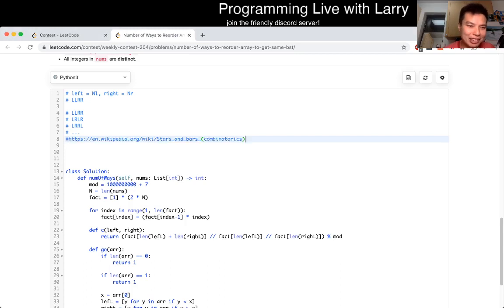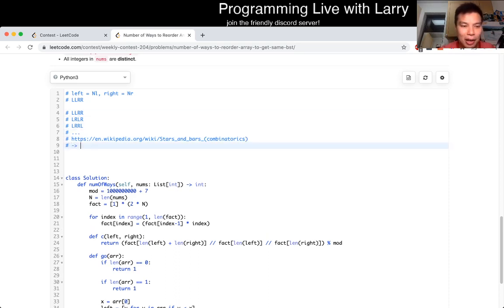It's a link I'll put somewhere below. You could look at either the L or the R as bars, separating the stars. But the short answer is this comes out to the length of left plus length of right, this factorial, over length of L factorial times length of R factorial.